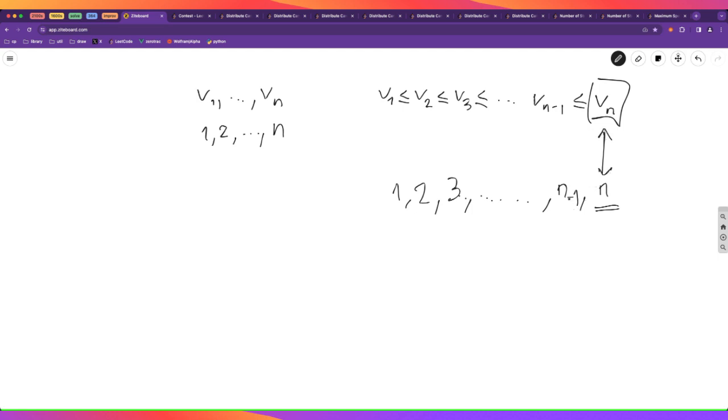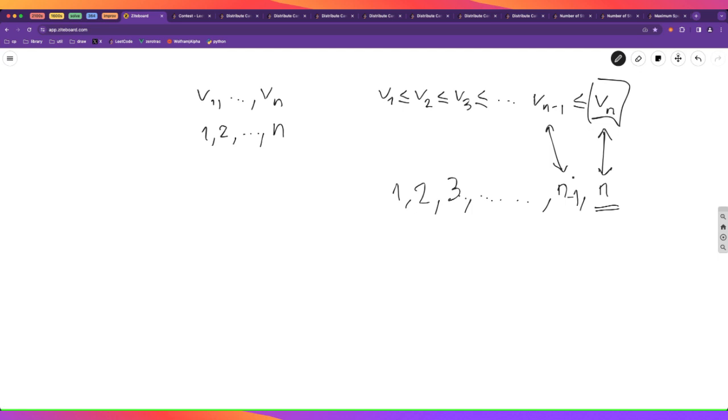And then if we can get n minus 1, which is the maximum we can take after we have already taken the n value, then let's get the second maximum, right? And so on. So every value will be paired with the corresponding value in this order where they are both sorted.